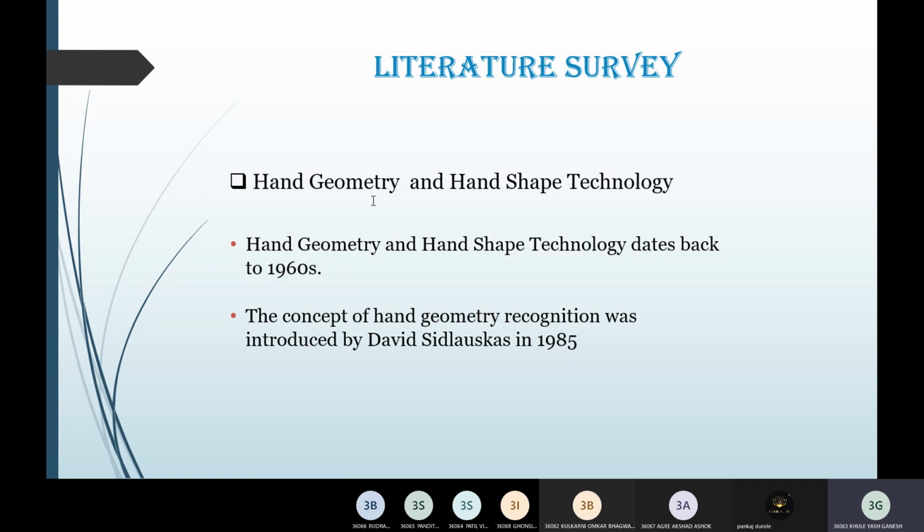The US Army also began testing hand geometry use in banking in about 1984. The concept of hand geometry identification was patented in 1985.